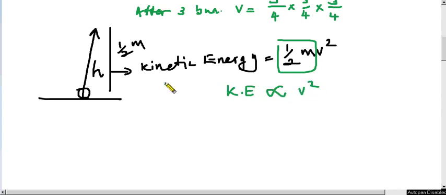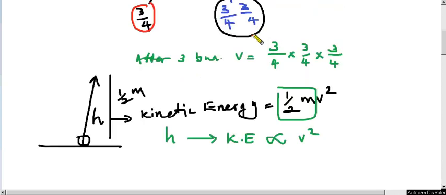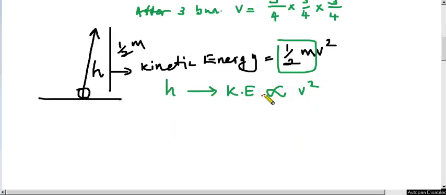So to find the value for h, we have to check the kinetic energy, therefore we have to check v squared, not v, because that is proportional to kinetic energy, which is proportional to the height.